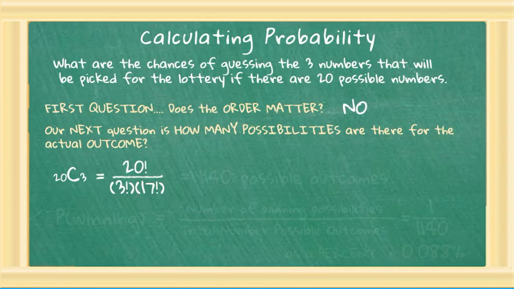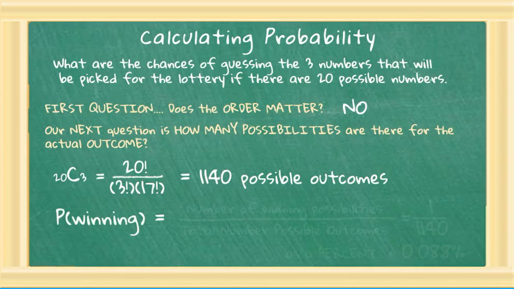Okay, we do the calculation for that, and we get 1140 possible combinations. That's how many ways we could pick three numbers out of the 20 to pick from.